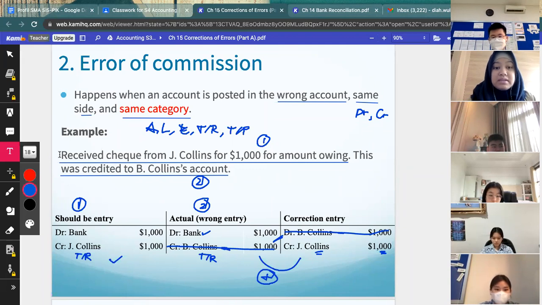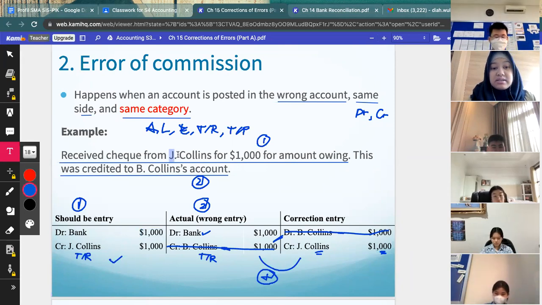Yeah. See number 1 first. Receive check from J. Collins for $1,000 for amount owing. Okay, when we receive a check from J. Collins, 1,000, yeah, how should we record this? We look at the first column over here. Receive check means bank in the debit. Agree, yeah? So we put 1,000 in the debit, and then who is paying?